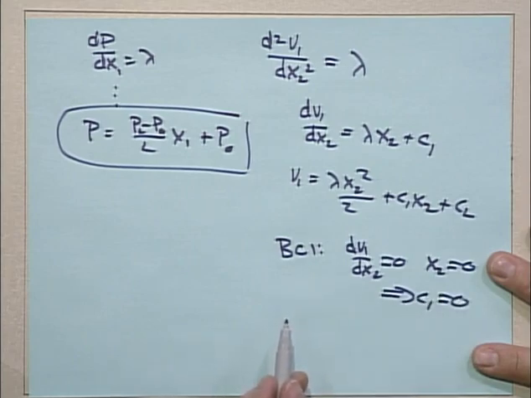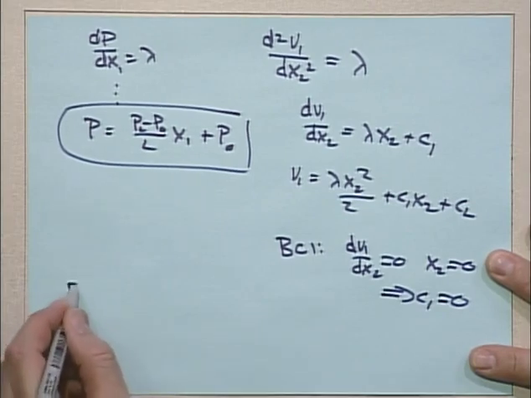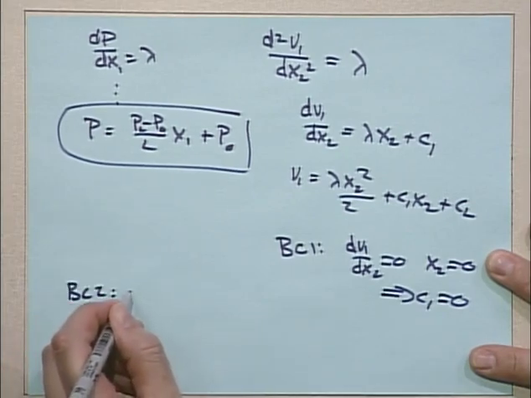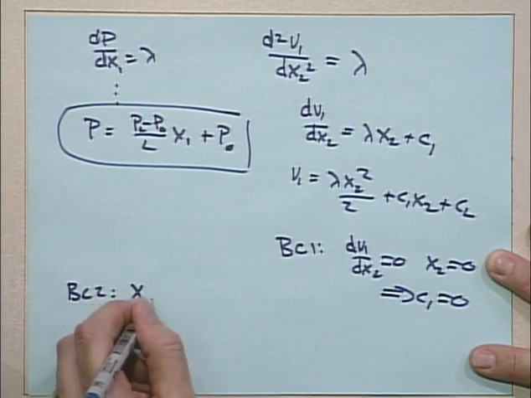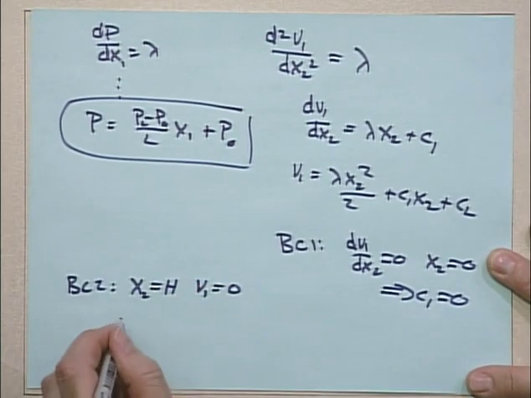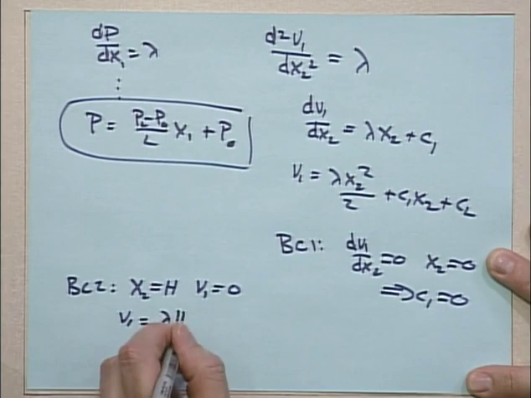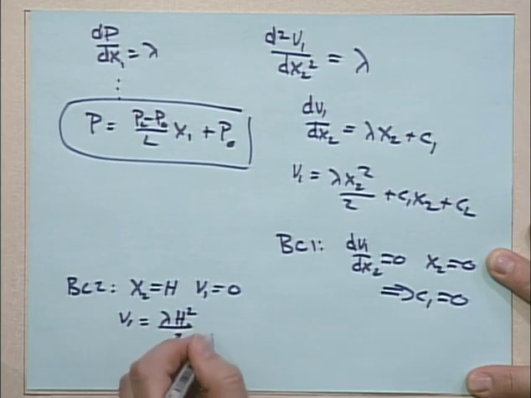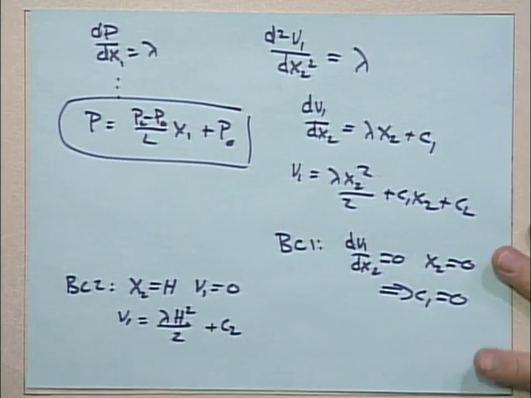And the second boundary condition is at the wall. We can pick the top or the bottom. At x2 equals h, v1 equals 0, so 0 equals lambda h squared over 2 plus 0 because c1 is 0, plus c2.